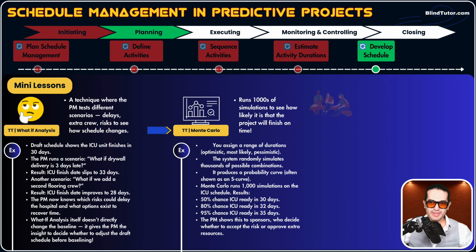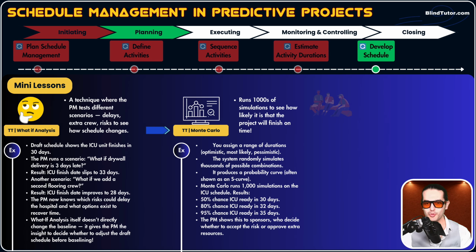So instead of planning everything on just a 50% chance, we plan everything on a 95% chance. And Monte Carlo simulation gives us this benefit. Monte Carlo simulation says, do not plan based on 30 days. Just assume your project finish date is 35 days, because the simulation showed us there is a 95% chance the project will finish in 35 days, not 30 days.